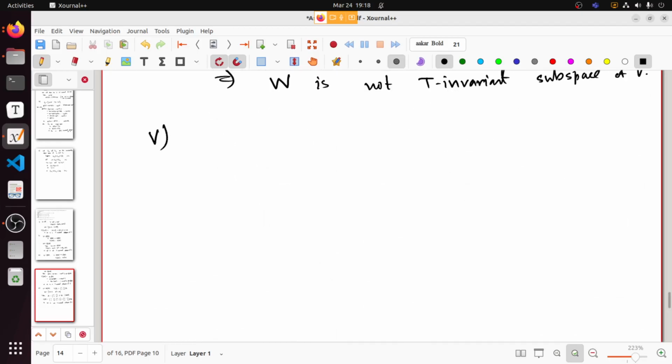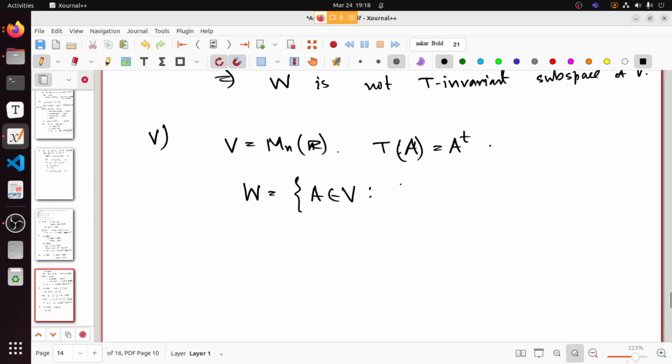So question number 5, V is M n R, T of A is A transpose, and W is all A in V such that the trace of A is 0. So what is the trace of a matrix? It is the sum of diagonal entries.